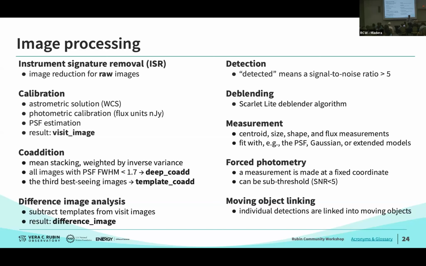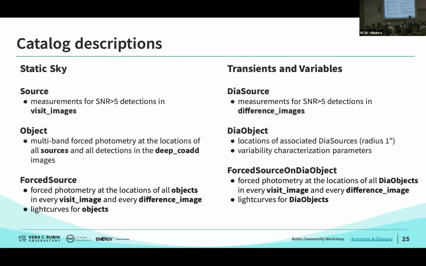And then after that, we proceed to do measurement of centroid, size, shape, and flux. We also do forced photometry, in which, by definition, we do measurements made at fixed coordinates, and those could be sub-threshold, or less than the signal-to-noise ratio of 5, because of the definition of forced photometry. And we also do moving object linking to detect objects, for example, in the solar system.